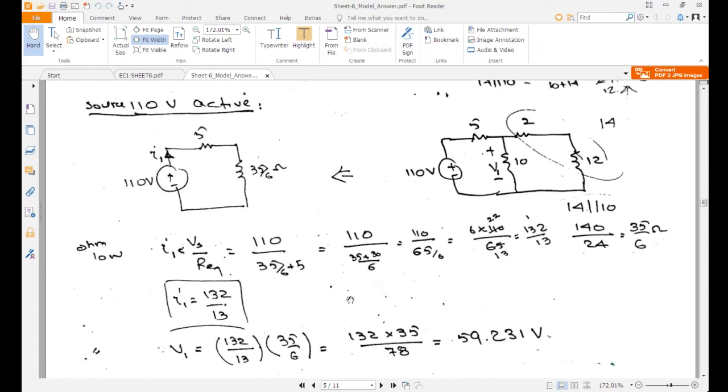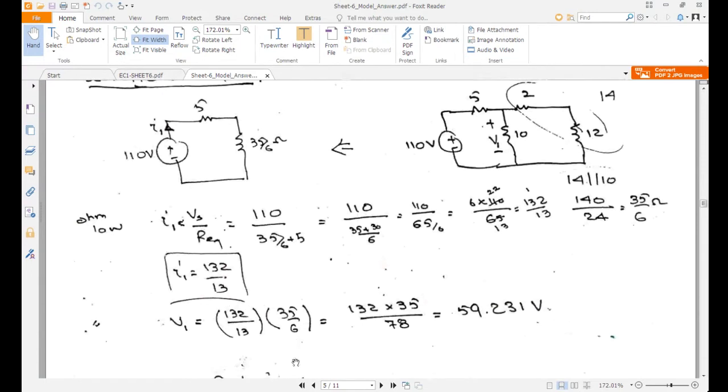By using voltage division also you can do. By voltage division, directly you will get it. No need of doing all these things.